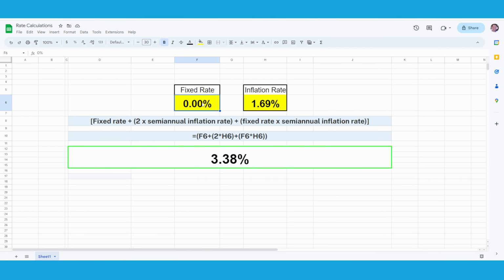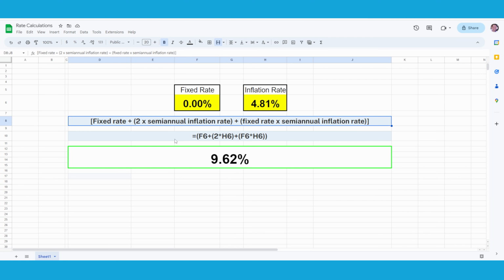So that bond that we saw previously had a fixed rate of 0%, but that inflation rate was at 4.81%. So if we did that math, that's going to bring it to 9.62%. By the way, here's the composite rate, or the rate on that bond that you're currently receiving. So it's at 9.62%.